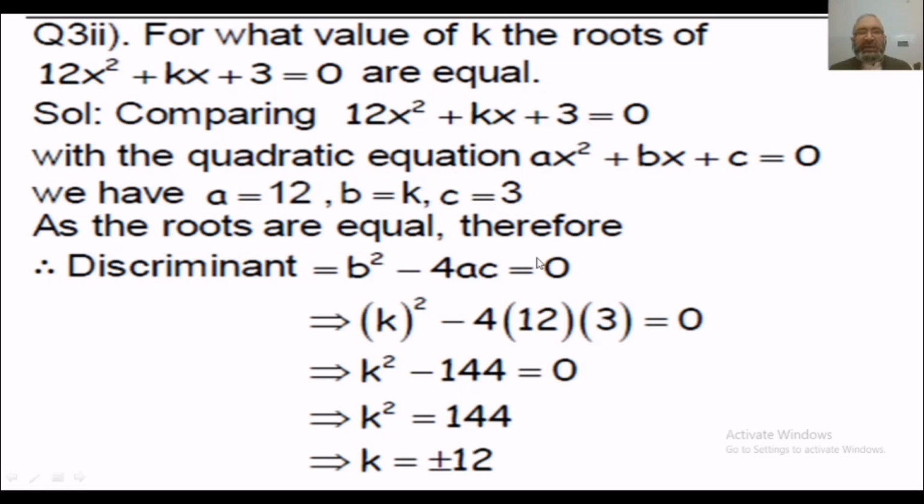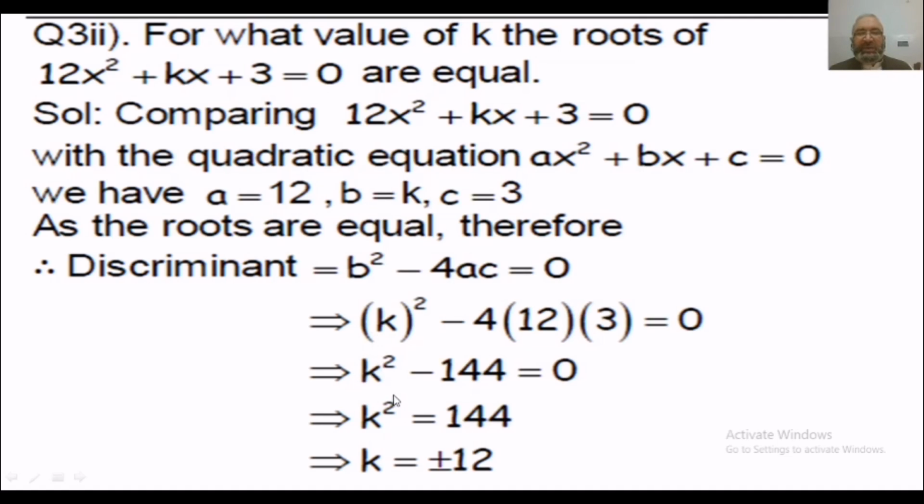As the roots are equal, therefore the discriminant of the equation, b square minus 4ac, is equal to 0. Putting the values of a, b, c in the discriminant: k square minus 4, a value 12 and c value 3.